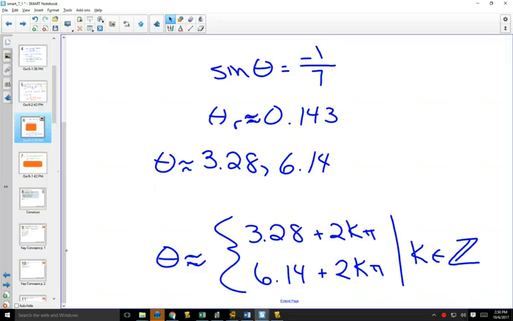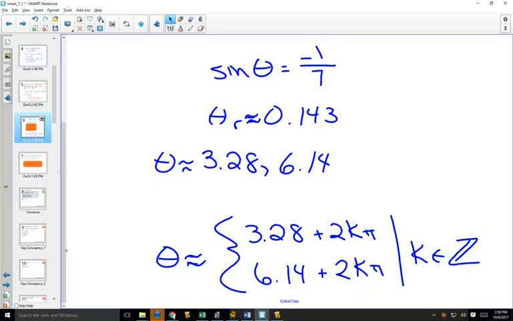And since these were rounded values, we're going to use our approximation sign there. So the only thing new today is plus 2k pi. Everything else you've done before. You've solved for theta with your calculator. You solved for theta with exact values. You know what quadrants it's in because of the CAST rule. So the only thing new with the general solution is adding the 2k pi.